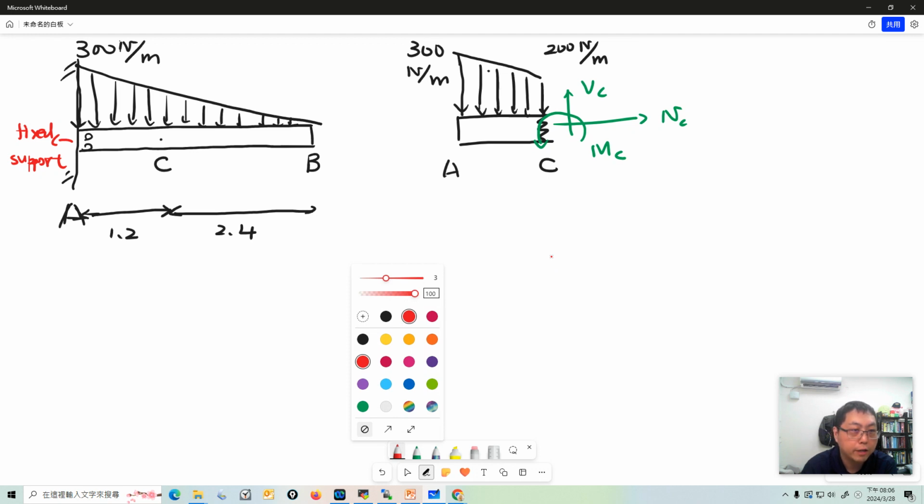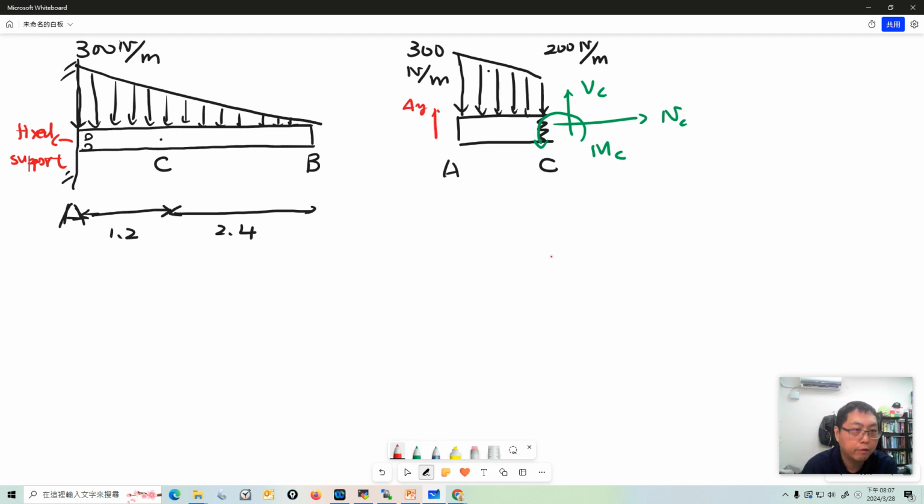So we'll have AY, AX, and also moment at A. So if we want to calculate the internal force by the AC section, you also need to calculate the support reaction from A. You have to. Previously we used the CB section, because we ignore everything from the AC section, so you don't have to consider the reaction force and reaction moment from the fixed support A. But now if you use the AC section, you have to consider this, so it makes the calculation harder.